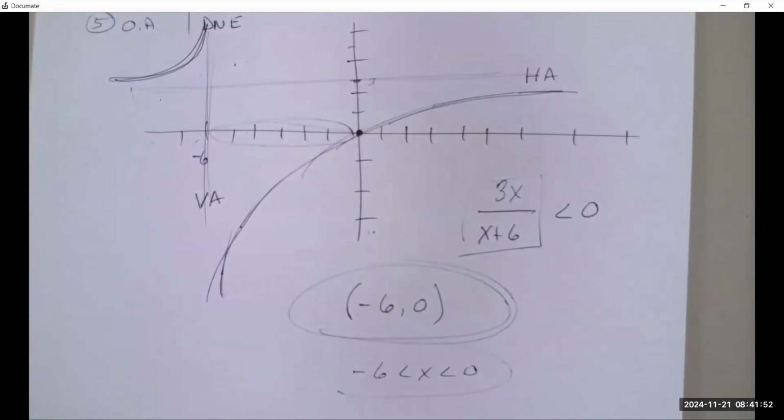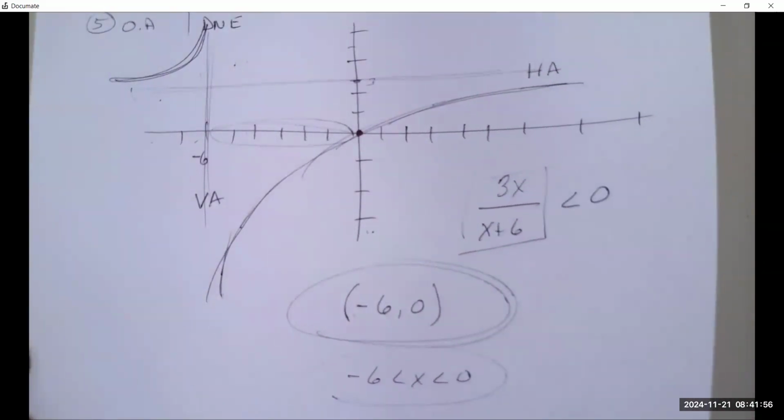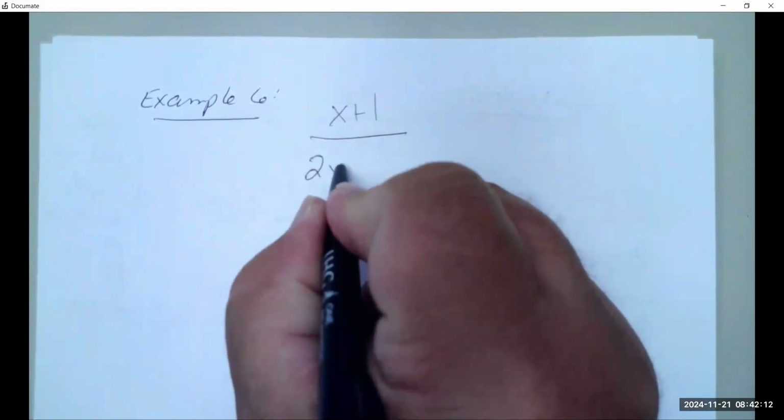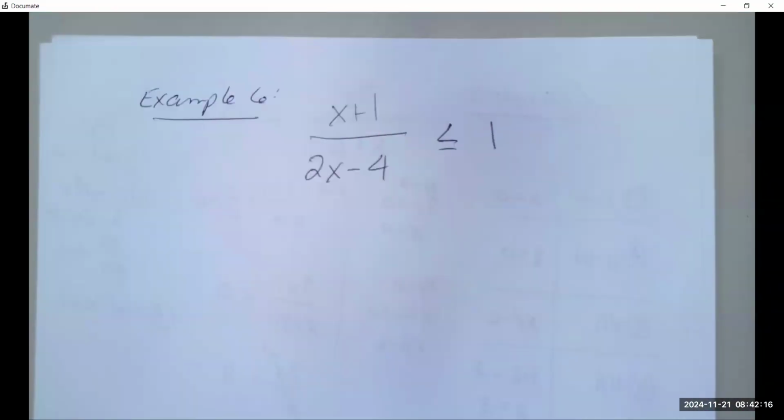Again, now everything's going to be cramming together when we start using everything we learned. All right, let's look at example 6. X plus 1 over 2x minus 4 is less than or equal to 1.